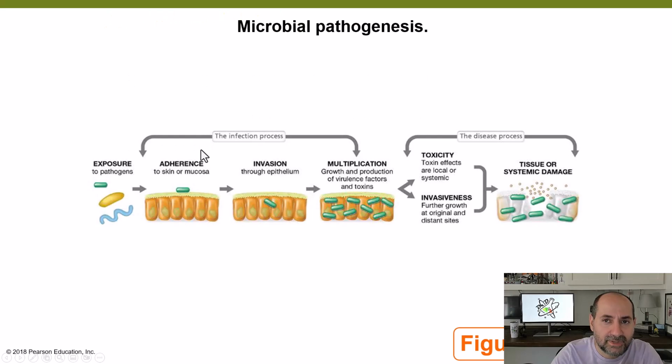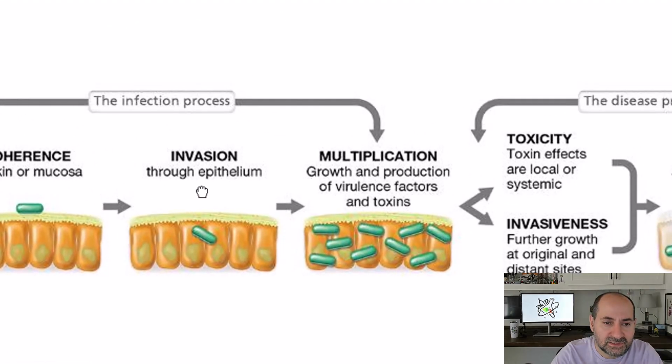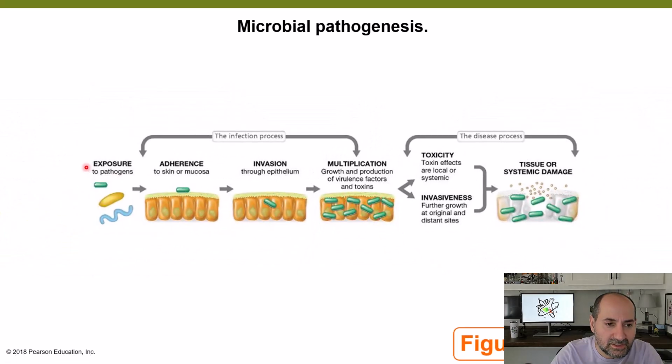Here we can see microbial pathogenesis. Let's start at the beginning here. Exposure is necessary for pathogenesis. Here are the microbes that you are exposed to. Remember, at this point, we start the infection process. This begins with adherence.